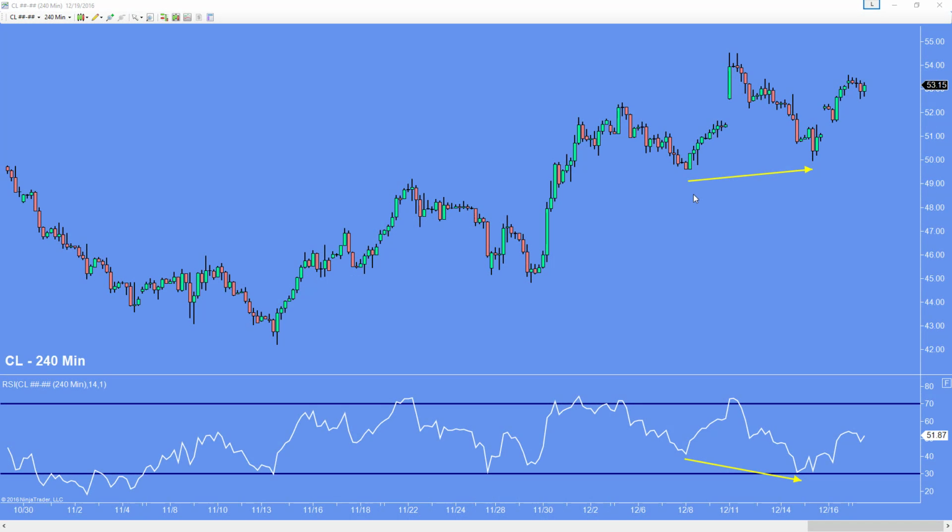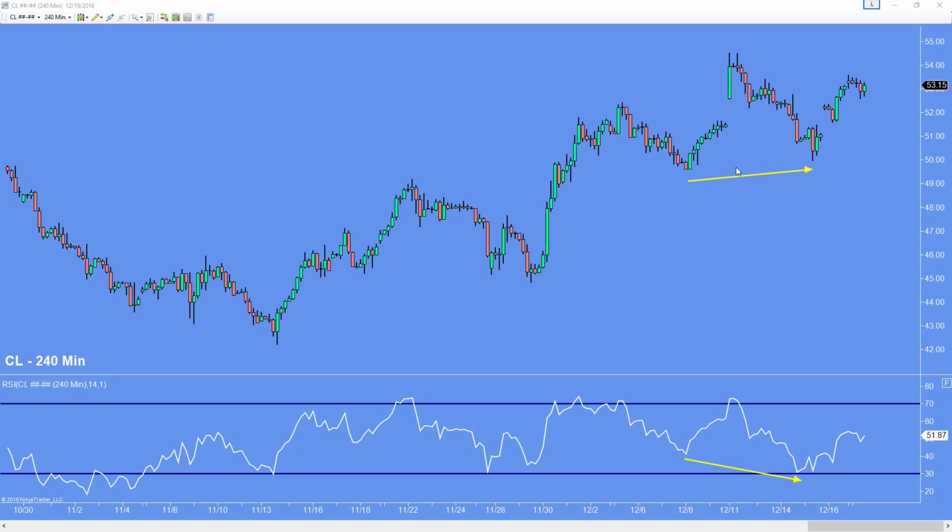Type 2, or hidden divergence, is likely a bit more difficult for most people to understand because we're not really looking for waning momentum, which we typically see at trend reversals. With hidden divergence, we're looking for typically trend continuation patterns.